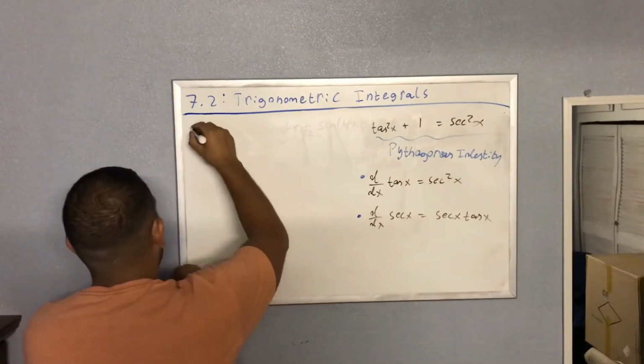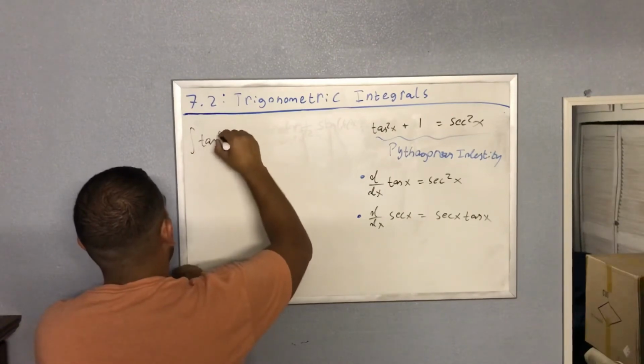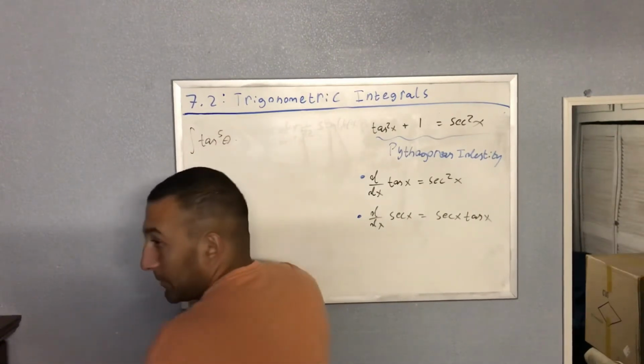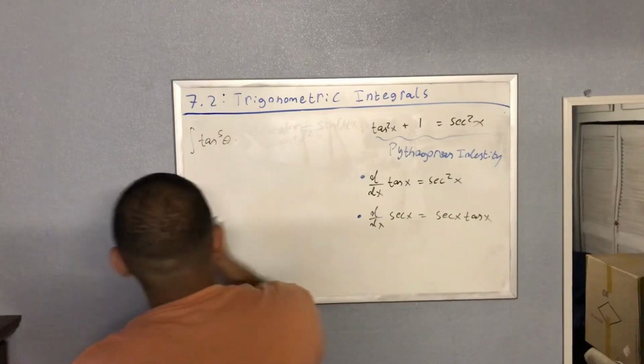So we have tangent to the 5th theta times secant to the 7th theta.